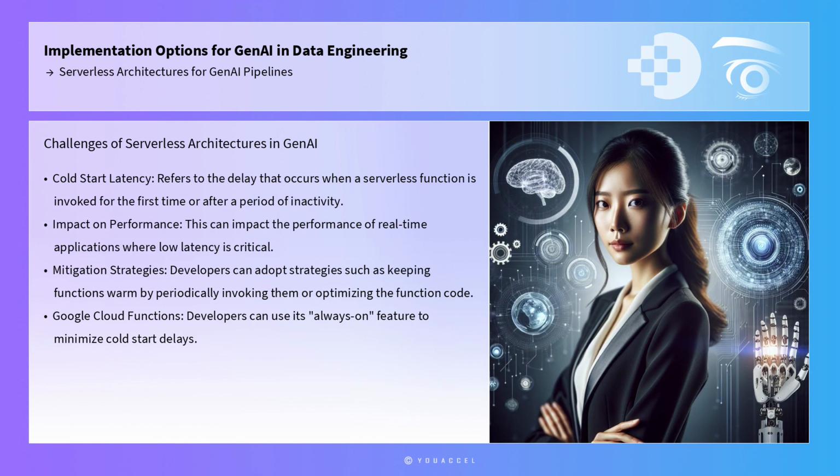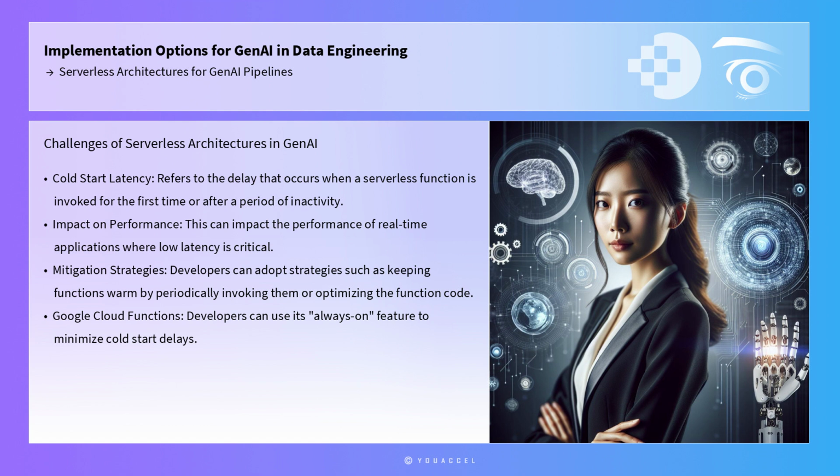Despite the numerous advantages, serverless architectures also present certain challenges, particularly in the context of GenAI. One such challenge is the cold start latency, which refers to the delay that occurs when a serverless function is invoked for the first time or after a period of inactivity. This can impact the performance of real-time applications where low latency is critical.